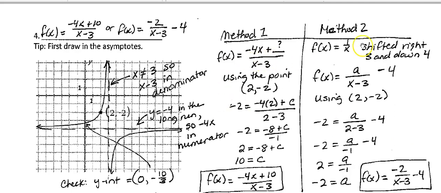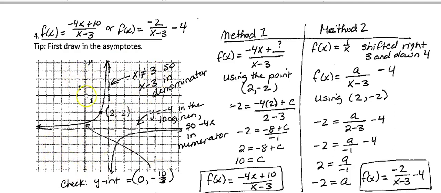And that makes sense because remember in a 1 over x graph, the curve to the right would be on the upper half, and the curve to the left would be on the lower half. In other words, it has a positive trend.